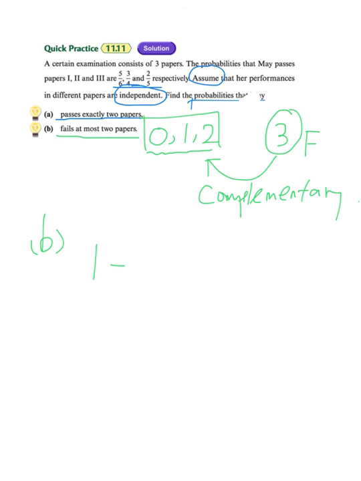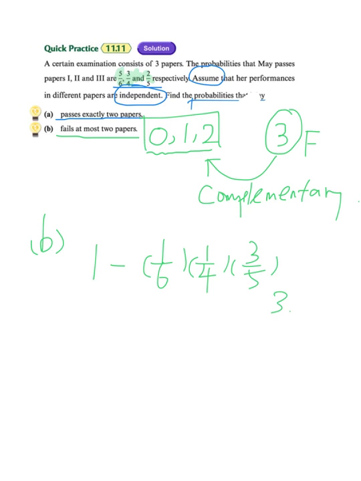So my approach is calculating the probability that all 3 of them fail. Basically you just do 1 minus these 3 probabilities, because they are the passing probabilities. So 5/6, 1 minus it becomes 1/6. 3/4, 1 minus it becomes 1/4. And 2/5, the complement is 3/5. And then 1 minus this.